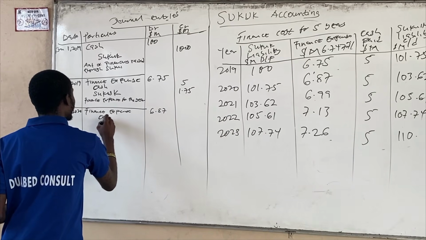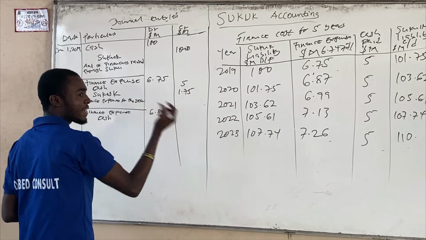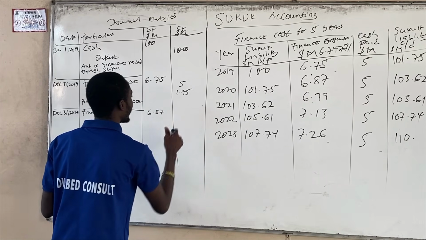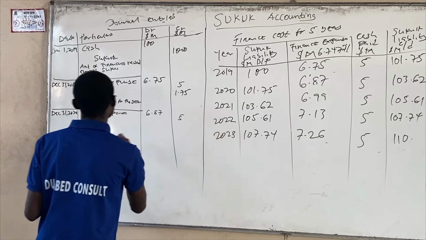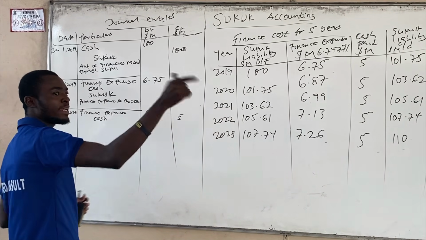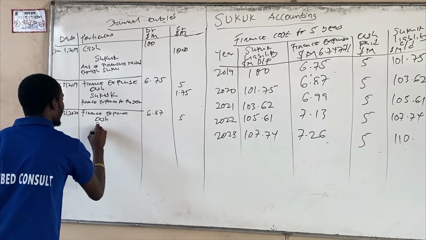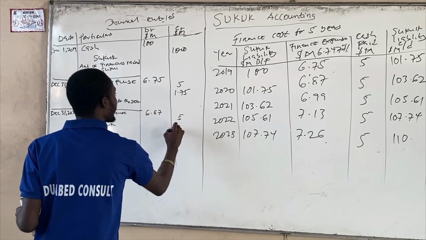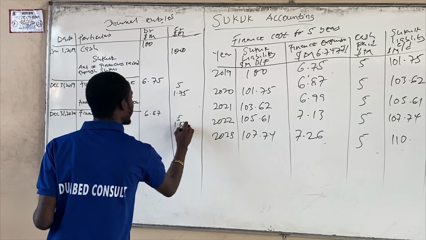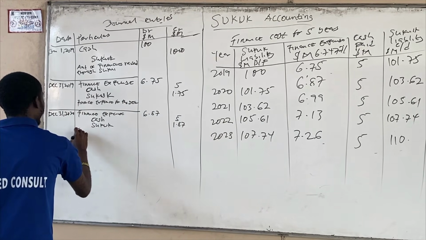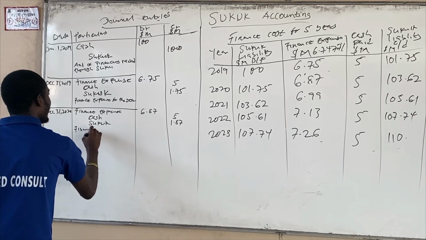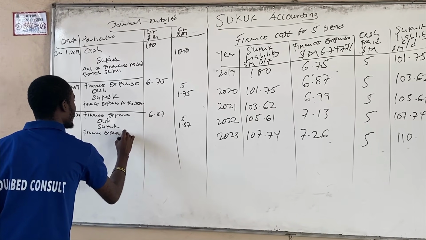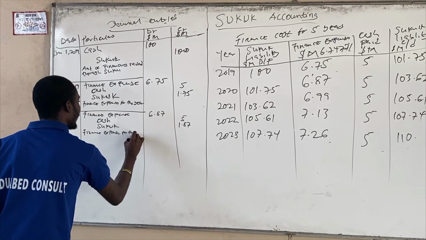And then they paid cash of 5 million. So their cash balance will reduce. So we credit cash. And then the difference will be added to the Sukuk balance. So we credit Sukuk account. The difference between this and this will give us 1.87. Then the narration will be finance expense for the year.